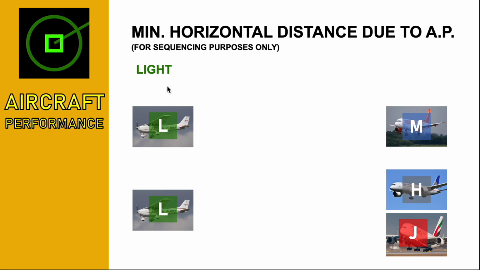When the light is in front of the medium, you're going to apply 7 nautical miles. 7, not 5, 7. And the reason is because eventually the medium traffic is going to go faster in the final path than the light traffic. So you need to put some extra distance. So it's going to be 7.